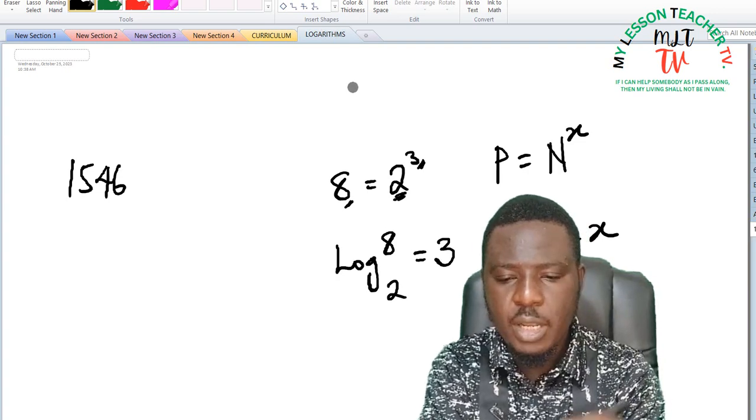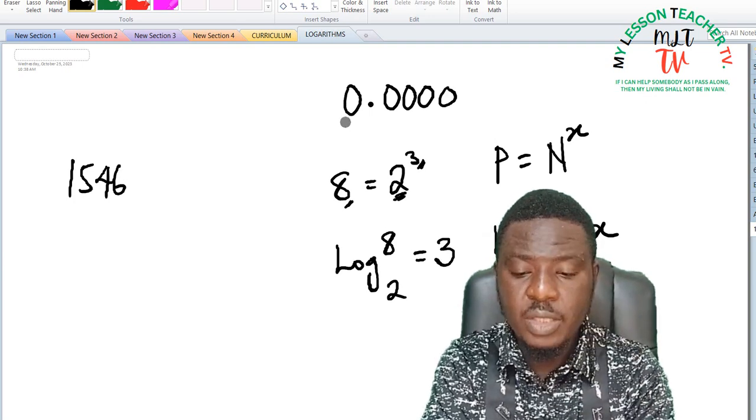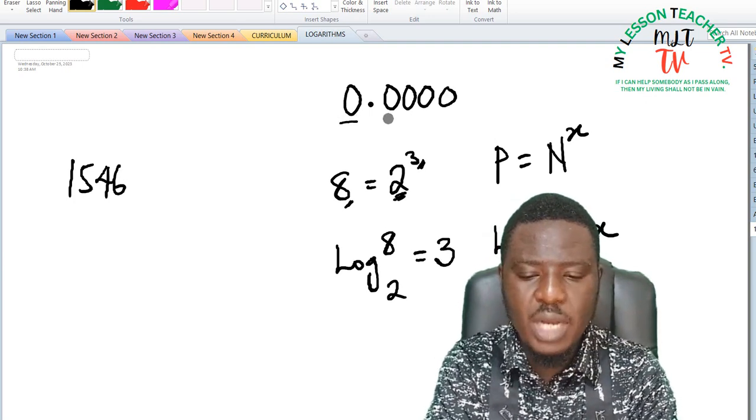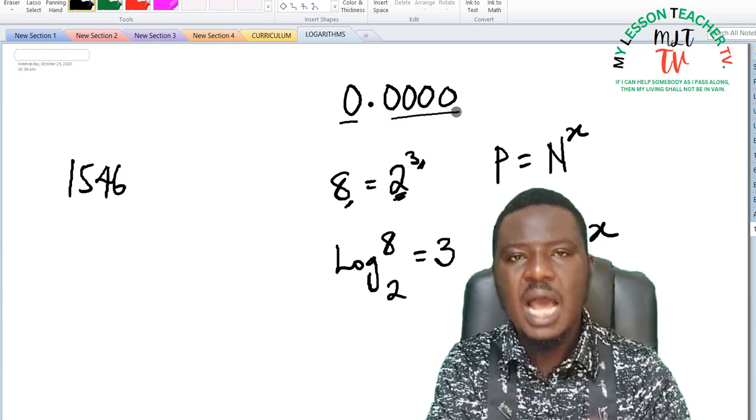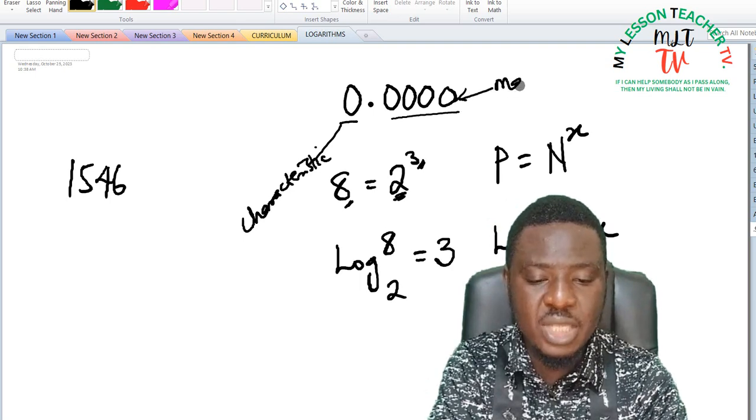For example, logarithm of a number is expressed in this form 0.0000. This is said to be the whole number part, while this is said to be the fractional part. The whole number part is called the characteristics, while the fractional part, as we were taught, is called the mantissa.